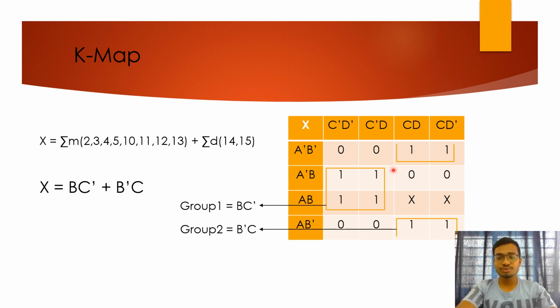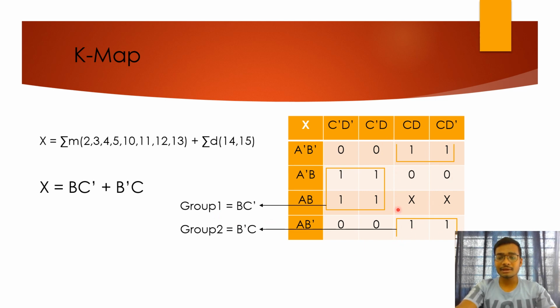So 2, 3, 4, 5. Then I'm having 10, 11, 12, and 13 here. So these four put together can form a quad. In these two the common thing is B, and in these two is C bar. So B C bar is a group one, and here also one more group.